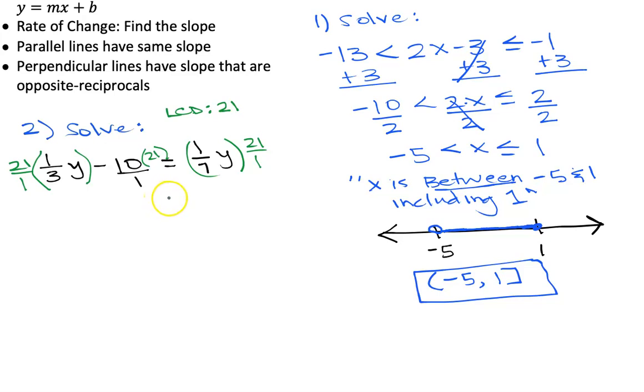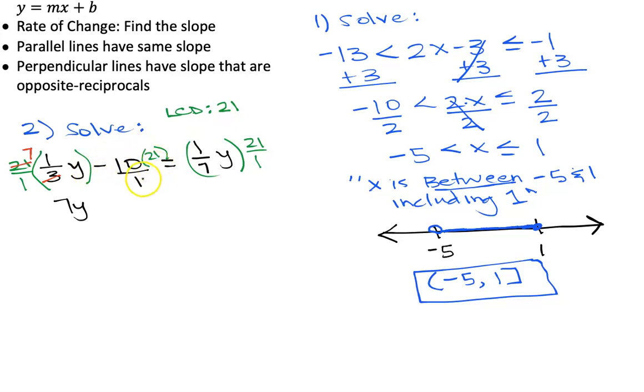And then what happens here is we are killing off the denominators. So I can see that 3 divides into 21 7 times, and then I have 7 times 1 times y is 7y. And so now I have no denominator left. I killed it off, just to make it easier to solve here.